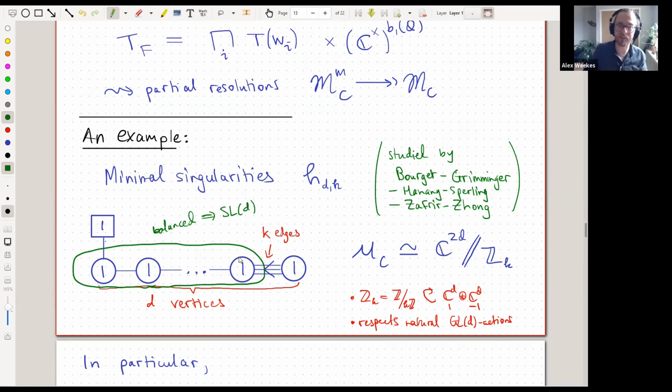This is an example that I like in part because it is not a finite type quiver, right? You can take D and K to be whatever you want. And thanks to the work of these fine people, we know what the quotient is. And more than that, this is an example of a minimal singularity in that there's basically only two symplectic leaves of this quotient.